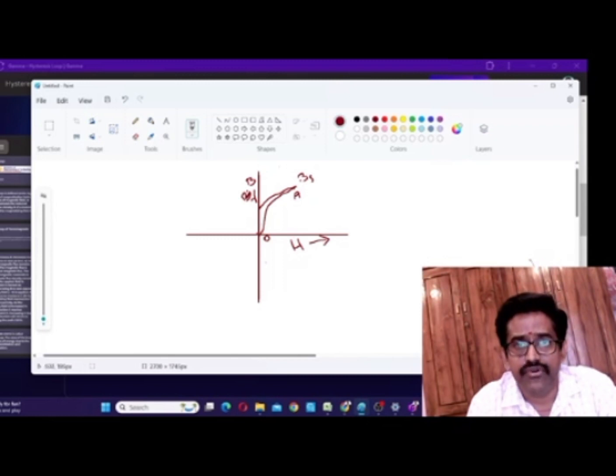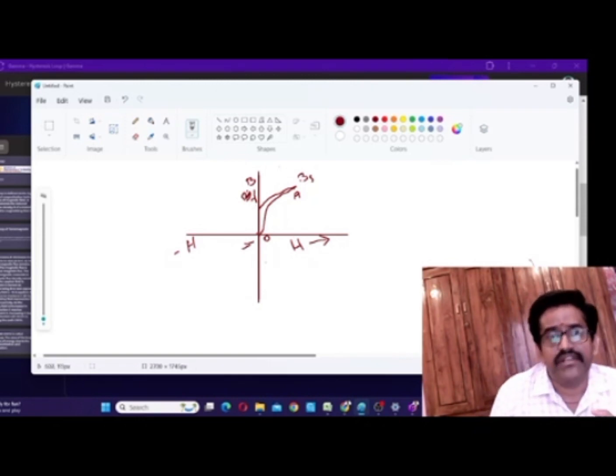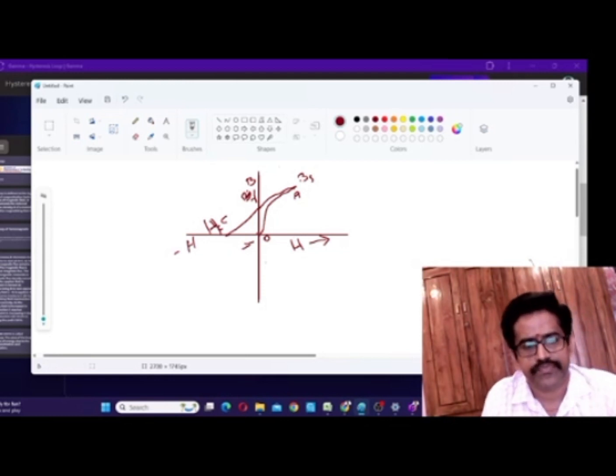Now, if we apply a negative magnetic field, H minus, that is, if we increase the magnetic field in the negative direction, we observe that the B value decreases. At this point C, there is no magnetization, the B becomes 0.